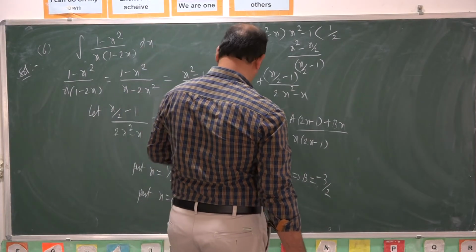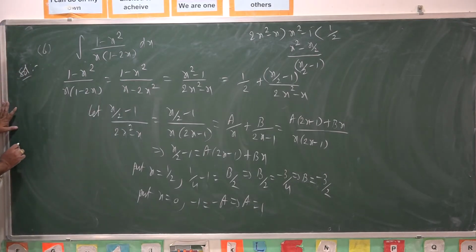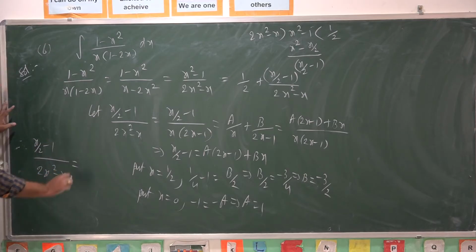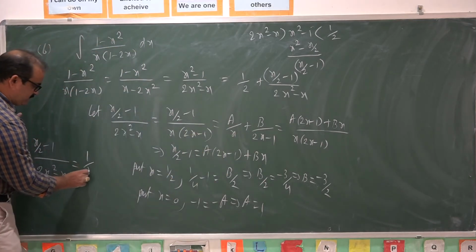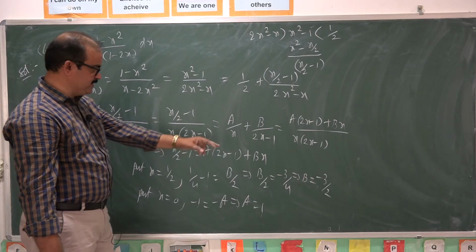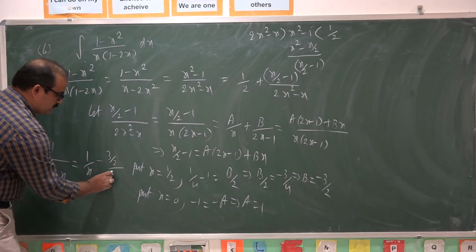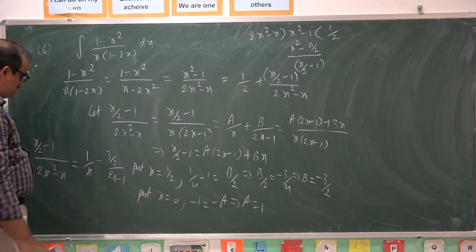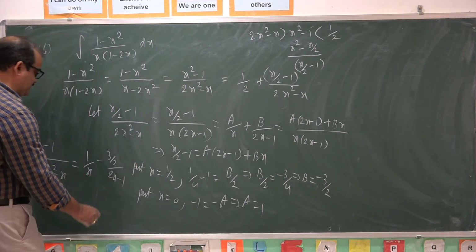Therefore, x by 2 minus 1 by 2x square minus x is equal to a by x. What is a? 1 by x. B is minus 3 by 2 by 2x minus 1.